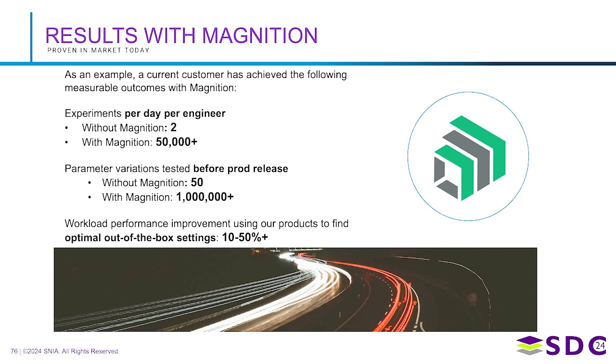It allowed them to run millions of experiments when they were able to run 50 on their own before we started talking to them. At the end of the day, their product shipped out the door with double-digit performance improvements in the caching that was in front of the storage. So we do have proven results on making this simulation work and being able to deliver high-performance parts out to the world.